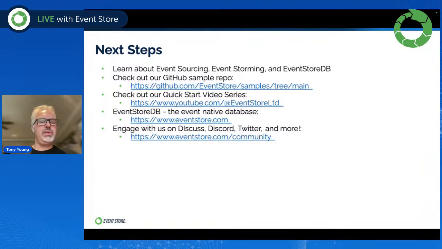We've got a quick start video series that'll be landing over the next few weeks, where you can learn lots more great depth and detail about event sourcing, event storming, and the basic concepts of EventStoreDB. So do watch those videos. We're happy to help answer questions, but there's lots more technical detail in those as well. I didn't really cover any of the technical nuts and bolts of this system during the webinar, but we will be covering them in the videos, so please don't hesitate to watch those.